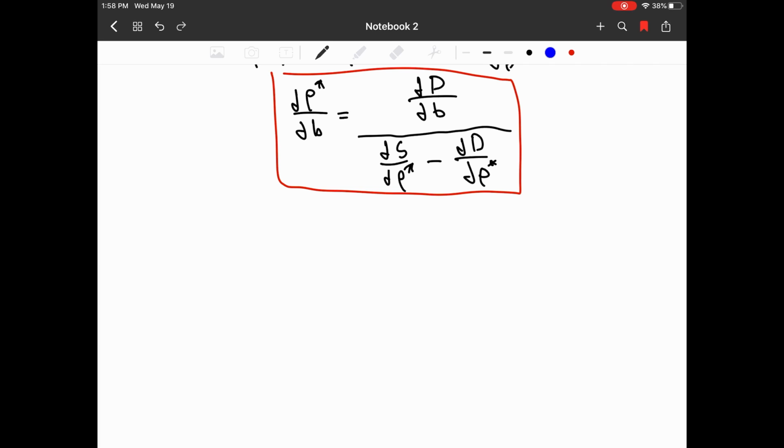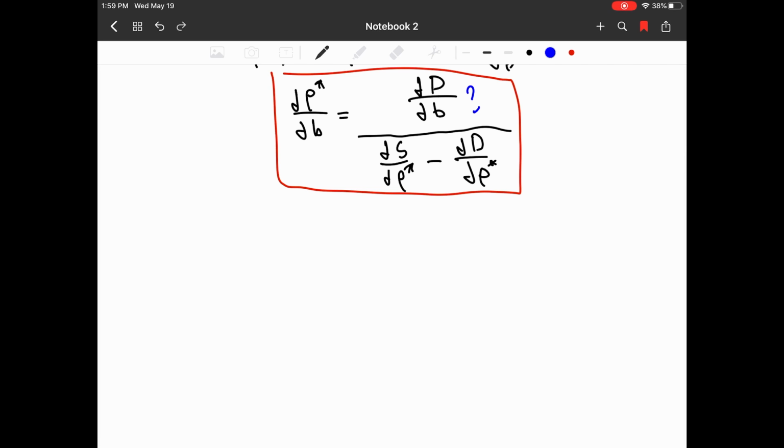Or more specifically, is price going up or going down when b increases? So we know a little bit about the signs of these derivatives. So we're going to put aside the question of what happens on top for just a second, but we know some things about what happens on the bottom.